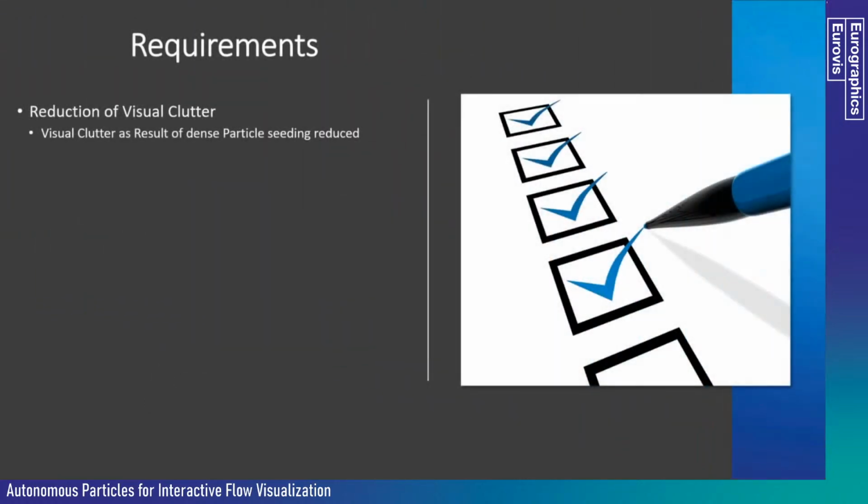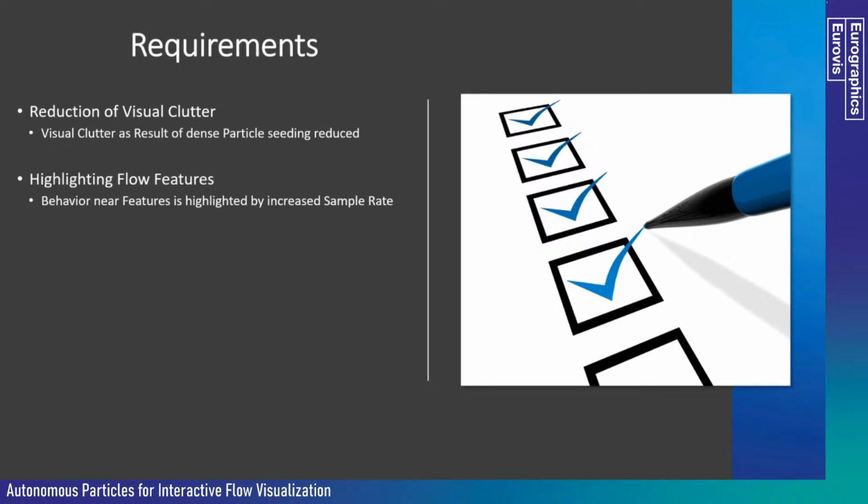With this in mind, we can directly formulate the requirements for our autonomous particles. The first requirement would be the reduction of visual clutter. Visual clutter is a result of dense particle seeding, so this one should be reduced. The second requirement stands in contrast to the first one. Here we want to highlight flow features, so the behavior near features is highlighted by increasing the sampling rate.